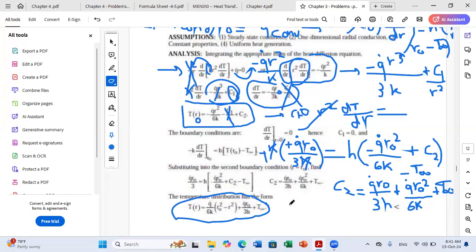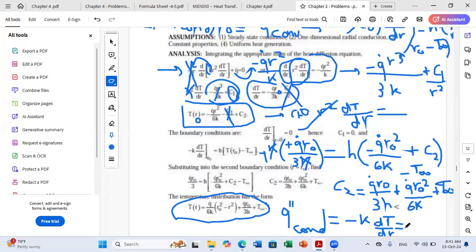No. If you want to evaluate the flux of conduction, Q second conduction, you just have to apply the formula. Q second conduction is minus K dT by dr. And dT by dr is minus q dot r over 3K, you get its expression from here, so you can replace it.